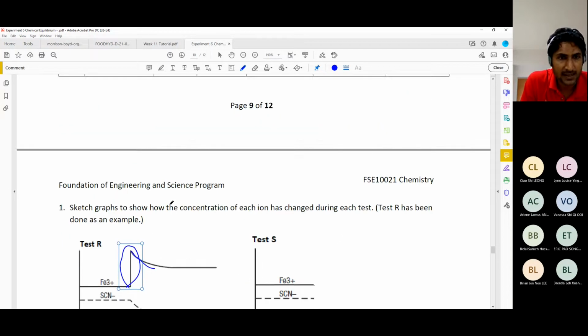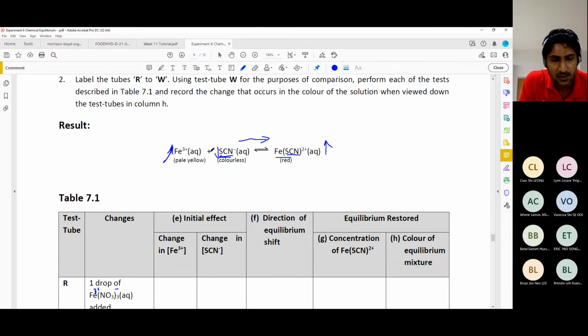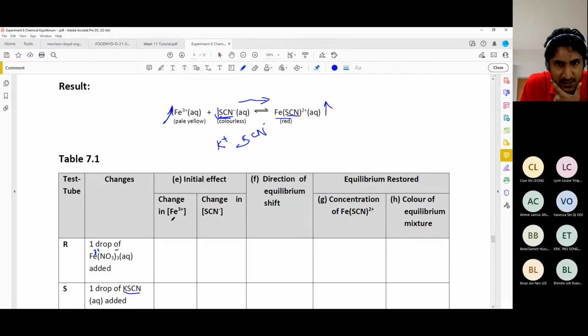Question number S. S is 1 drop of potassium thiocyanate is added. If I add 1 drop of potassium thiocyanate, what will happen? Potassium thiocyanate also, just like iron nitrate, potassium and thiocyanate SCN will be dissociated.